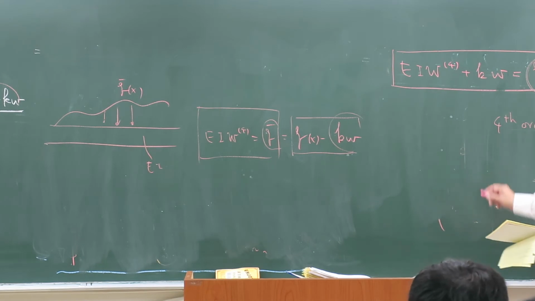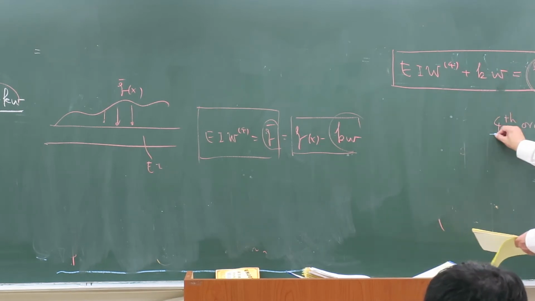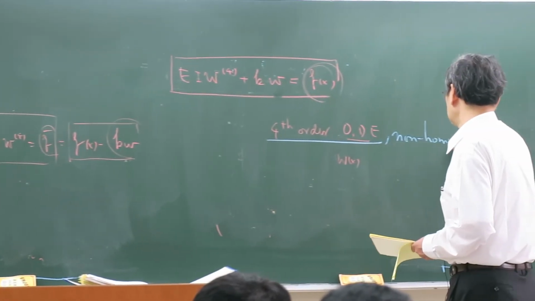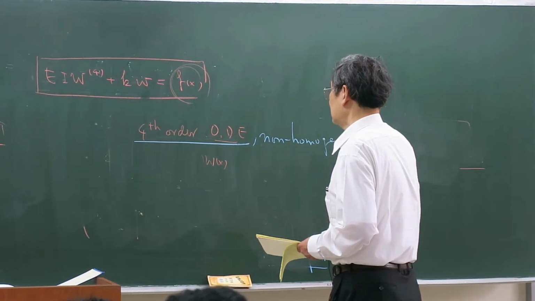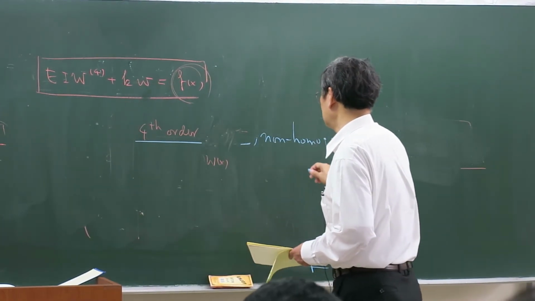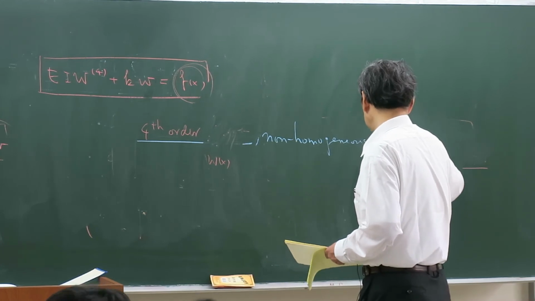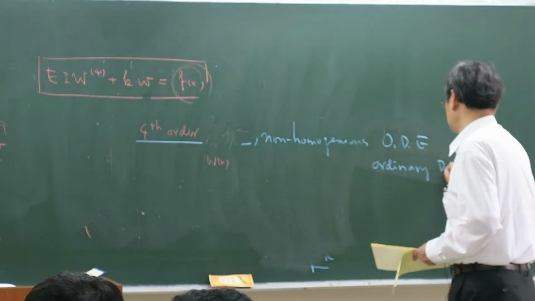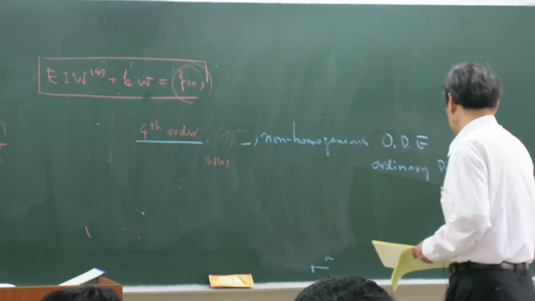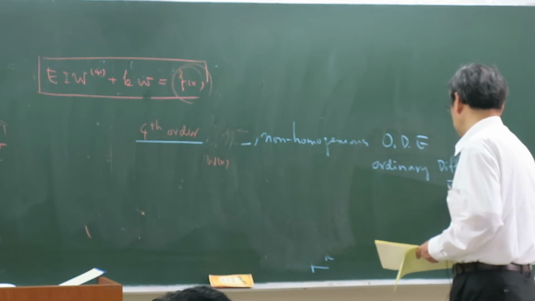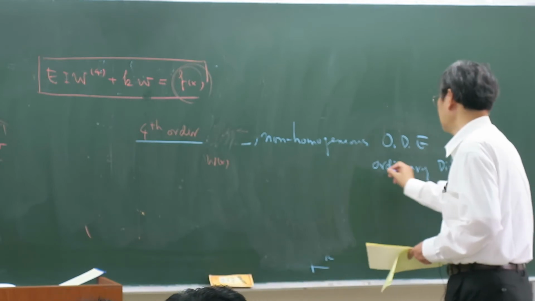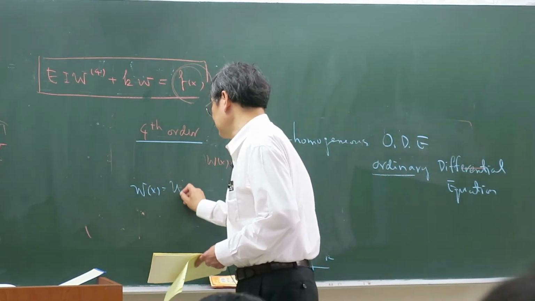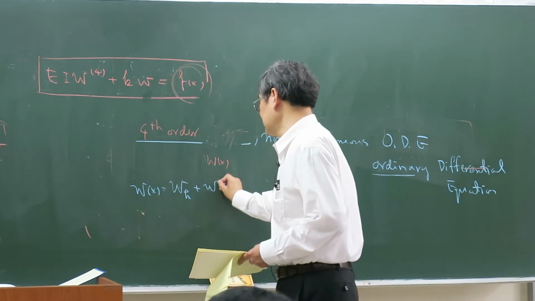So for this fourth order non-homogeneous ordinary differential equation, w(x) comes as a homogeneous solution plus a particular solution.